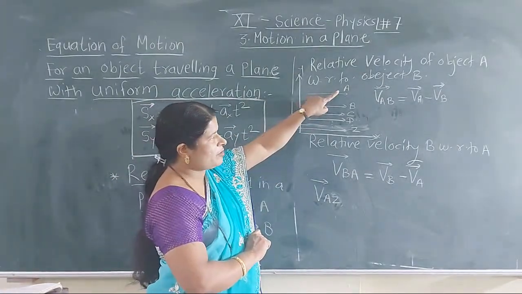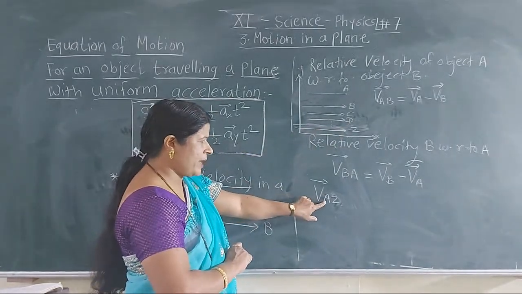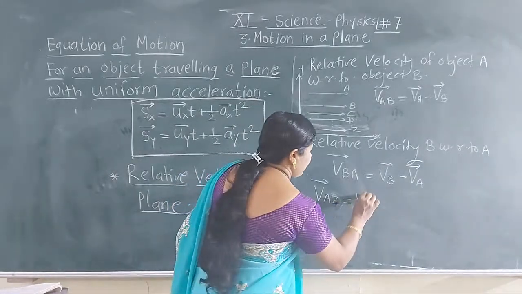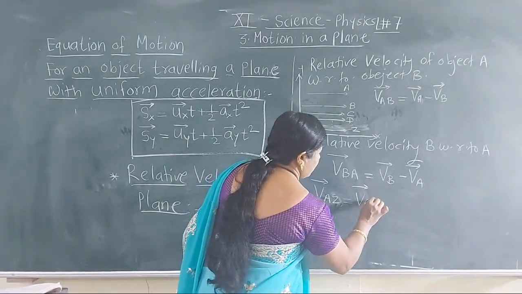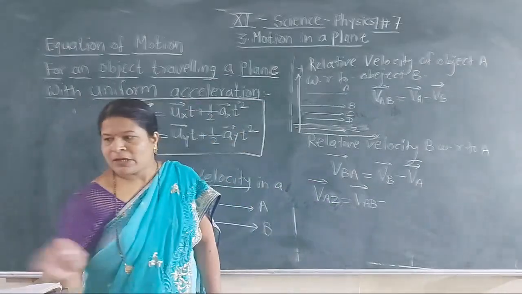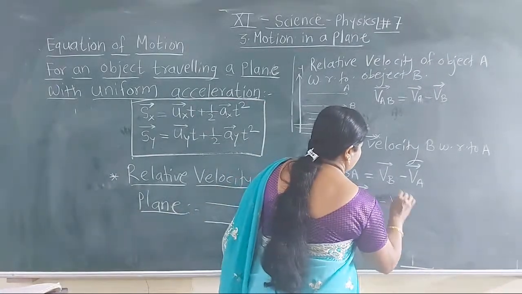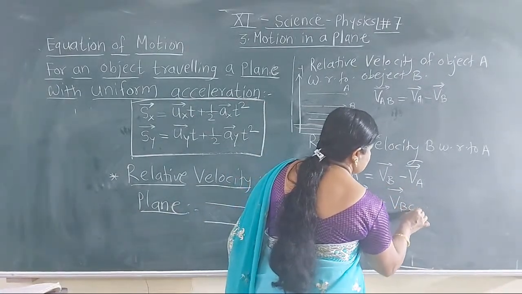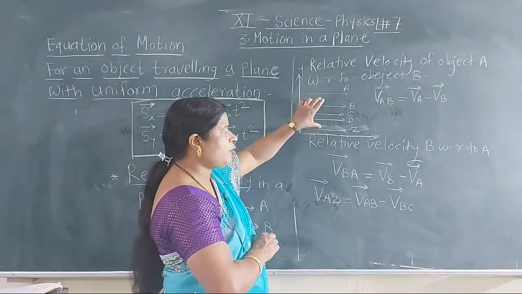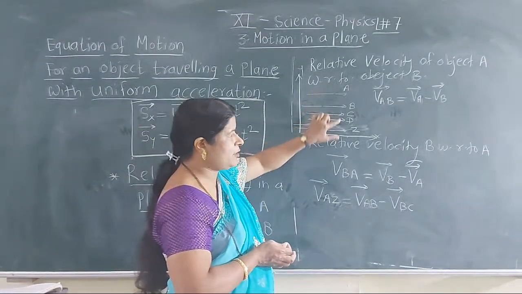Relative velocity between A to Z we can write in formula as vector AB minus vector BC. Now in this case we have to find the total relative velocity from A to Z.